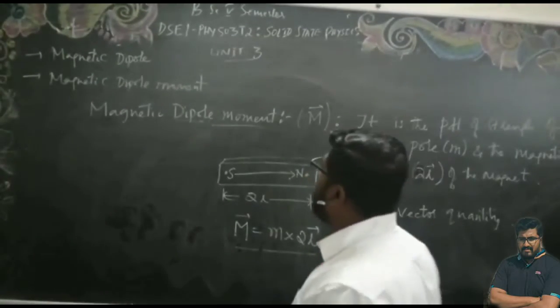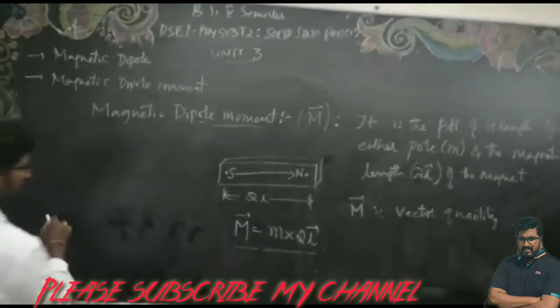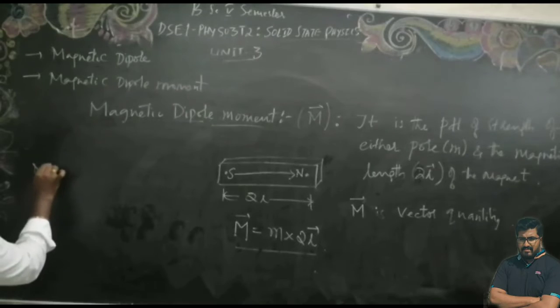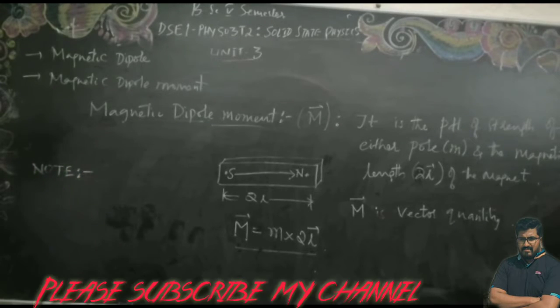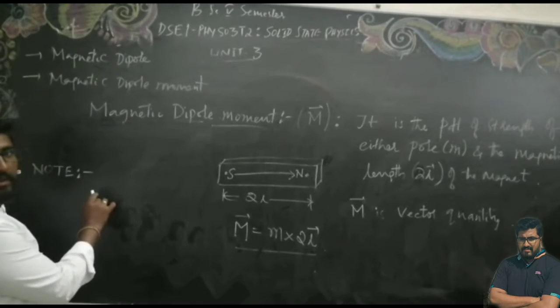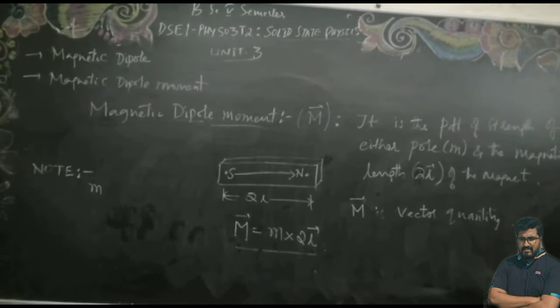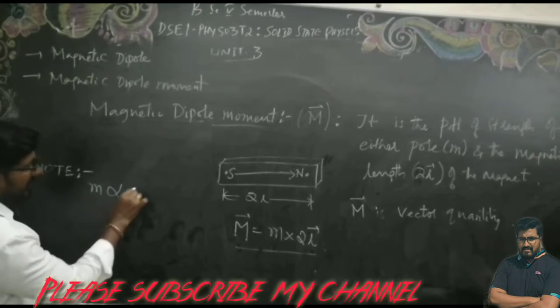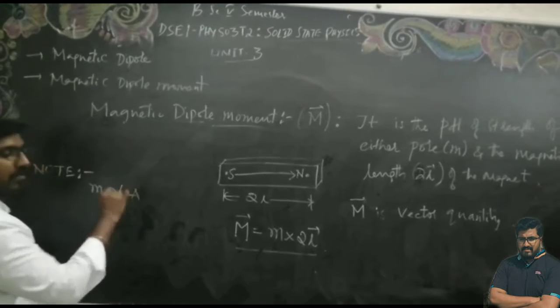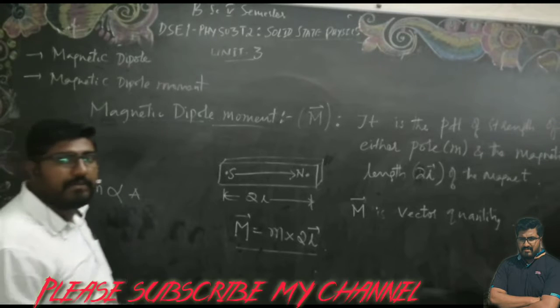And the very important thing in this, just remember: the small m, which represents the pole strength, is always directly proportional to the cross-sectional area.